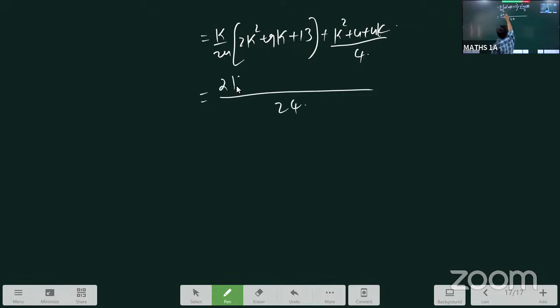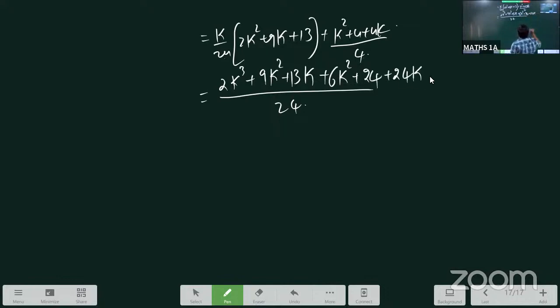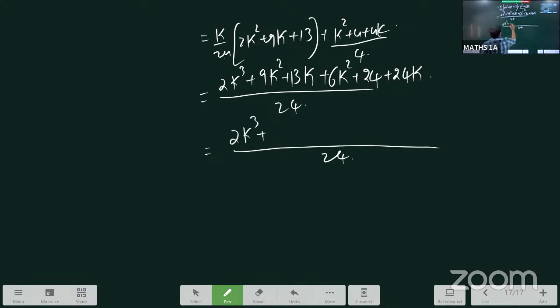That is 2k³ + 9k² + 13k, then 4 sixes are 6k², 4 sixes are 24, and this is 24k. I took the LCM. Is it clear? That is nothing but 1/24 times (2k³ + 15k² + 37k + 24).